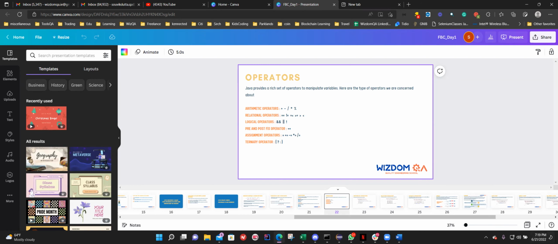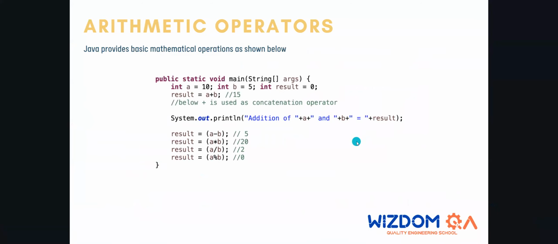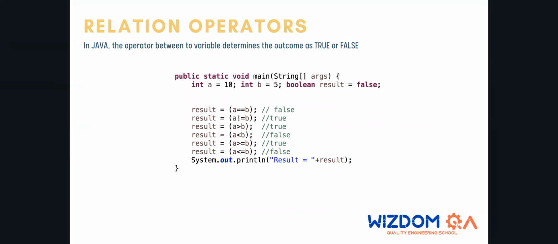Okay, so let's move on to the next part. Arithmetic operator, I told you about what it is. Relational operator. This part, I really want to show you what exactly is happening here. It's very, very important for you to understand this slide.